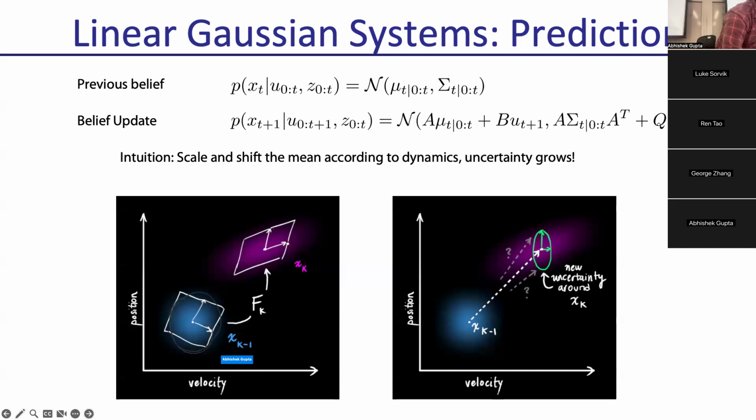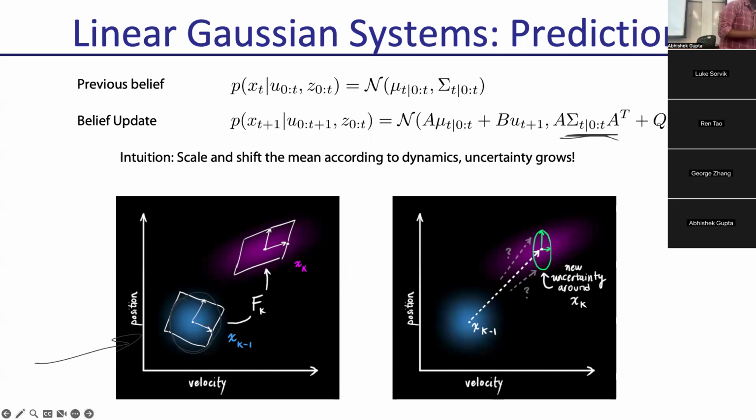Oh no, you can't see my, okay, well, apparently I only have black as a marker, so you can't see it, but you have this Gaussian right here, and you're shifting it according to an affine transformation, a linear transformation. And then you are scaling the variance, you're expanding the variance.